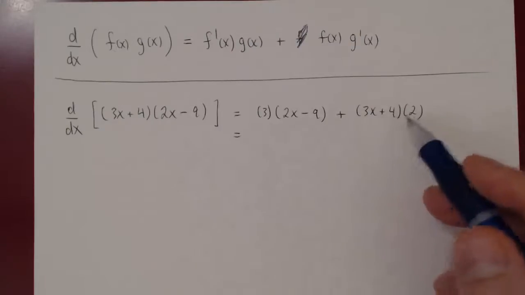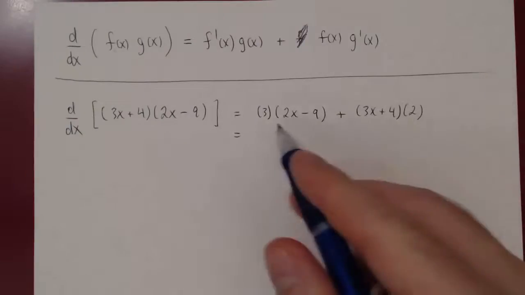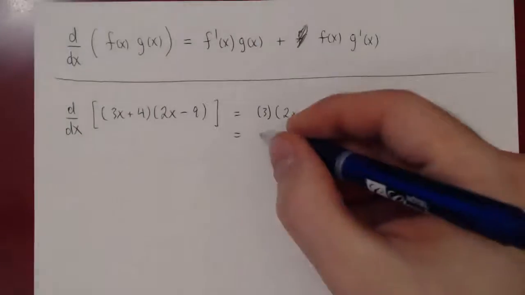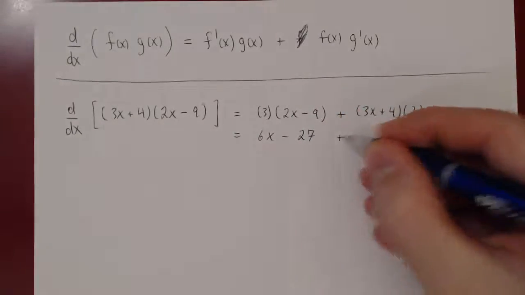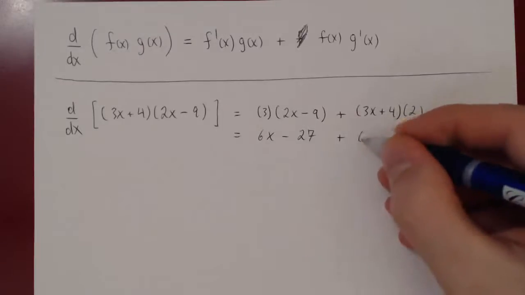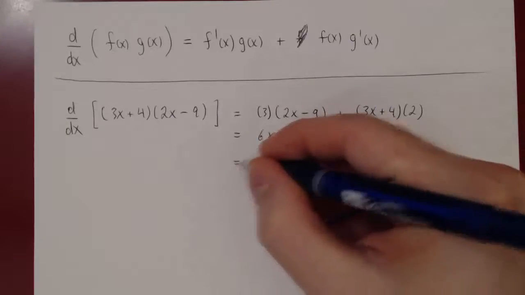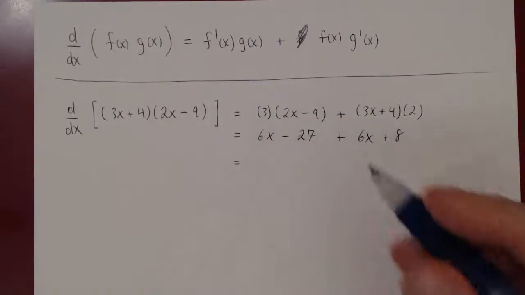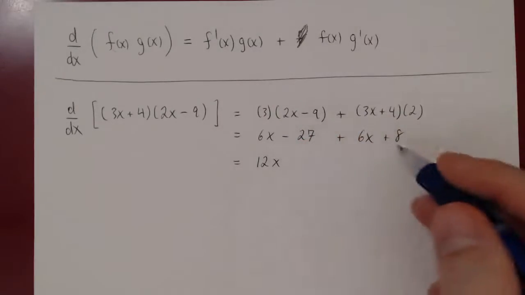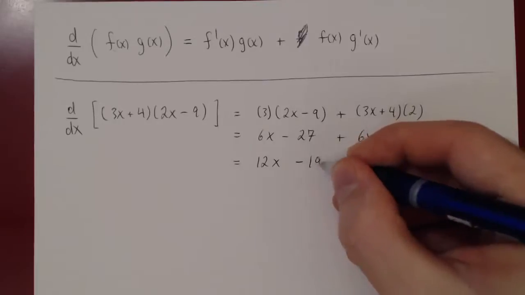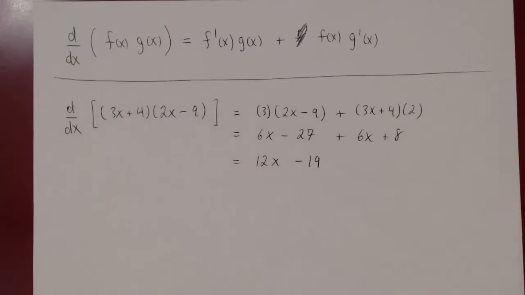If there were common factors, we could pull them out and then multiply the leftover expression, but here there are no common factors, so let's multiply. 3 times 2x is 6x, minus 3 times 9, negative 27, plus 3x times 2 plus 6x, plus 4 times 2 plus 8. So what we have is 6x plus 6x, 12x, minus 27 plus 8, minus 19. And that's the derivative of 3x plus 4 times 2x minus 9.